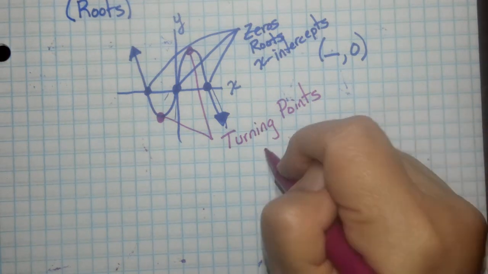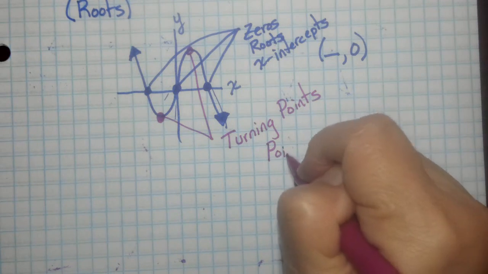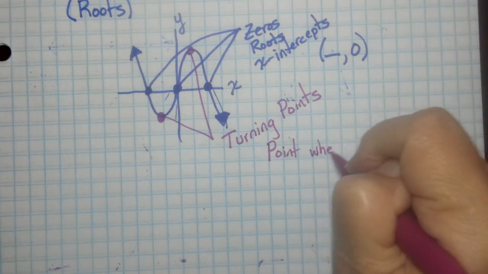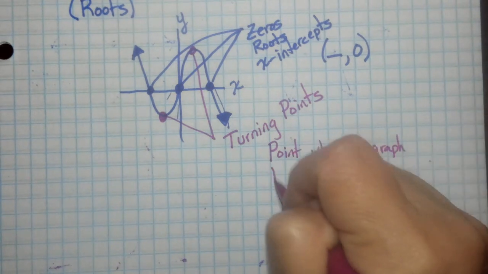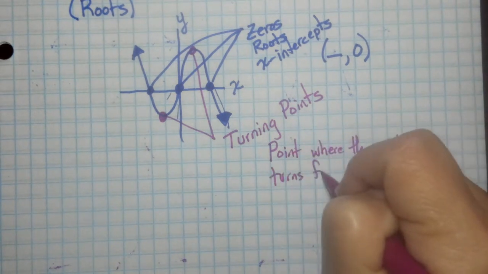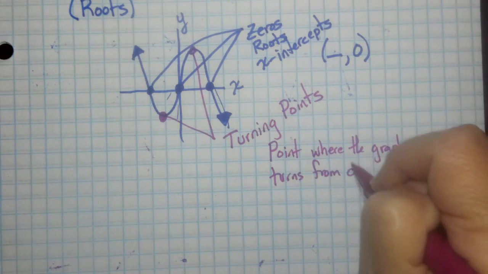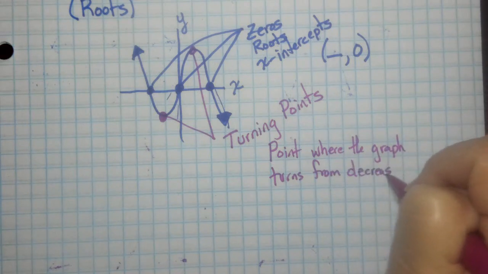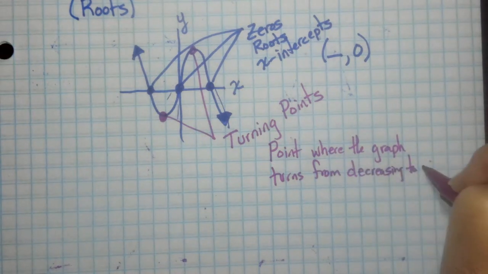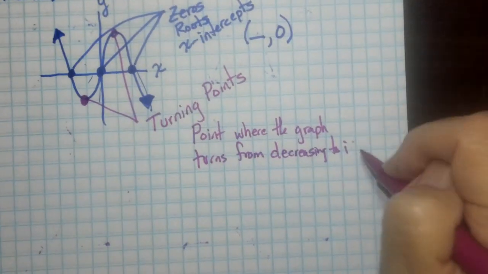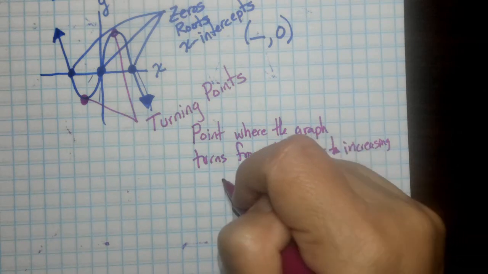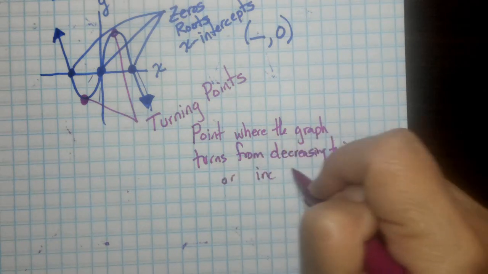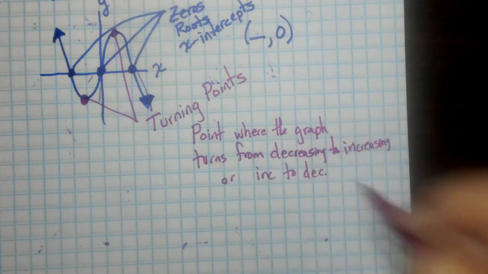The turning point, it's the point where the graph turns from decreasing to increasing, or increasing to decreasing.